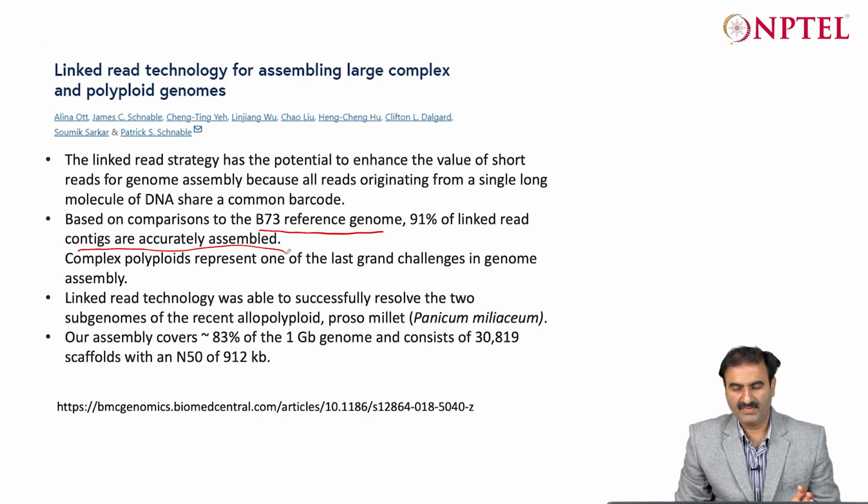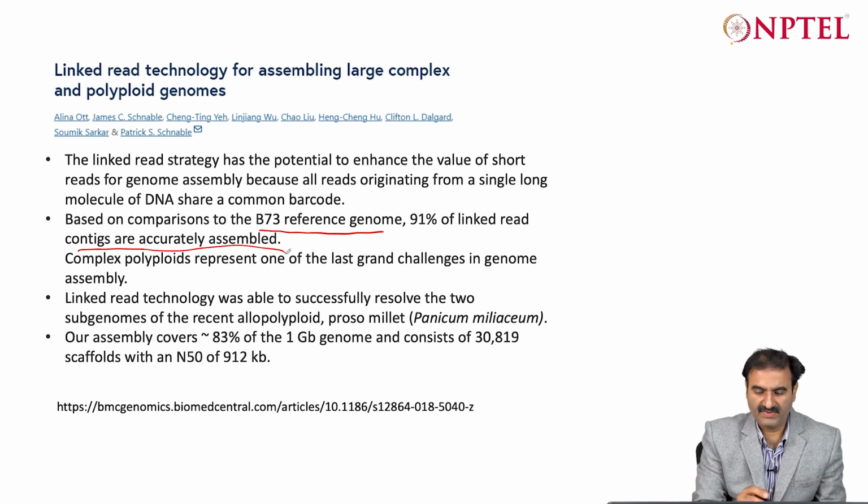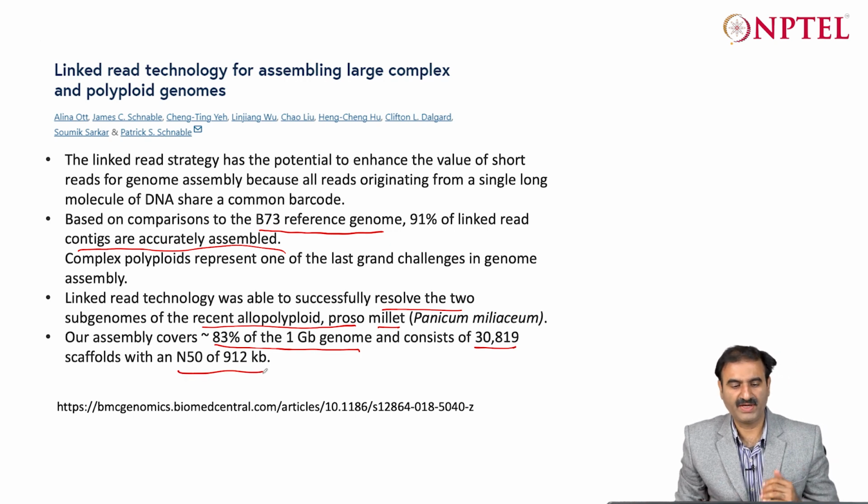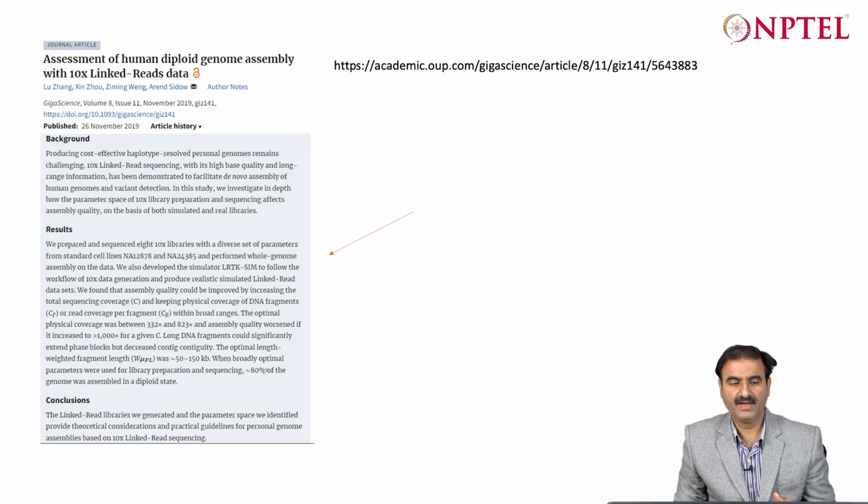Having complex polyploids is challenging, and linked reads were supposed to work up to the diploid level, but it has also been done for the polyploid, and they were successfully able to resolve the two genomes of the recently developed millet, okay, and their assembly covers almost 83% of the 1 GB genome, and consisted of much fewer scaffolds and a very high N50 compared to the previous reference genome assembly. So they showed how linked reads could be used to improve the previous reference assembly, right.